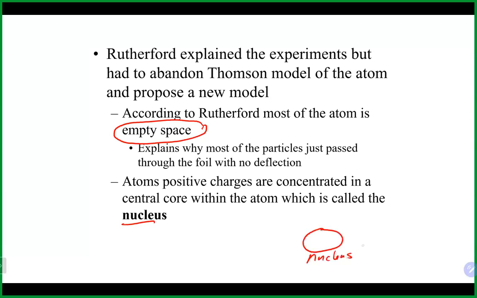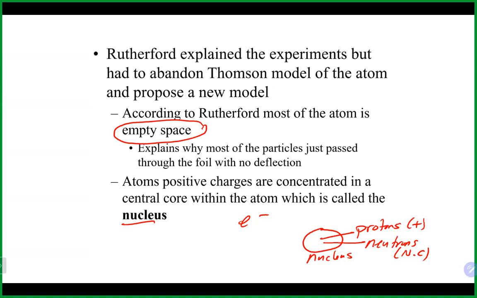As later experiments would find, that is where we have our protons, which are positively charged, which makes sense. Also, in the 1930s, it was found that it has neutrons in it. And out and about from the nucleus, in that empty space, is where our electrons are flying around.